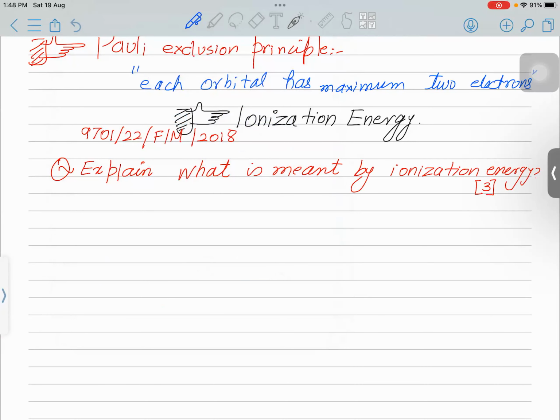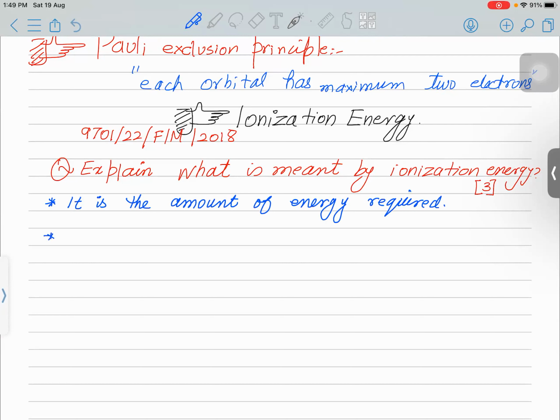Now, for 3 marks. First, for the first mark: it is the amount of energy required.